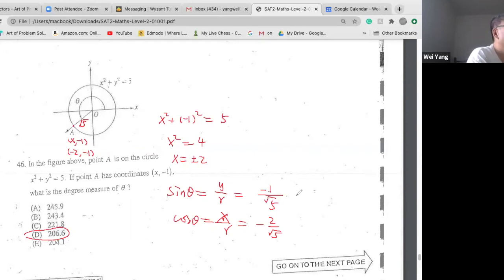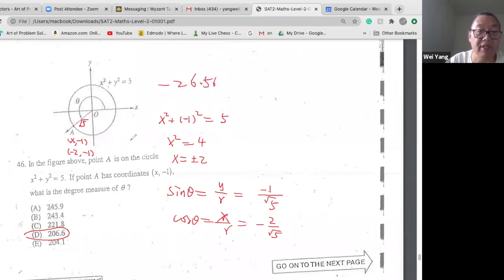Inverse sine of -1 divided by root 5, in degrees, gives negative 26.565.